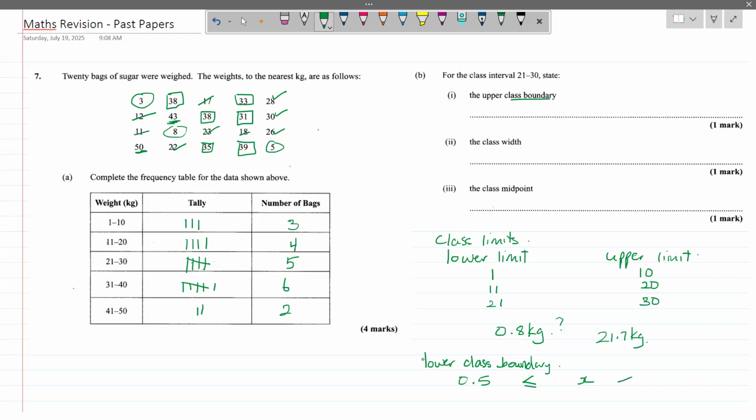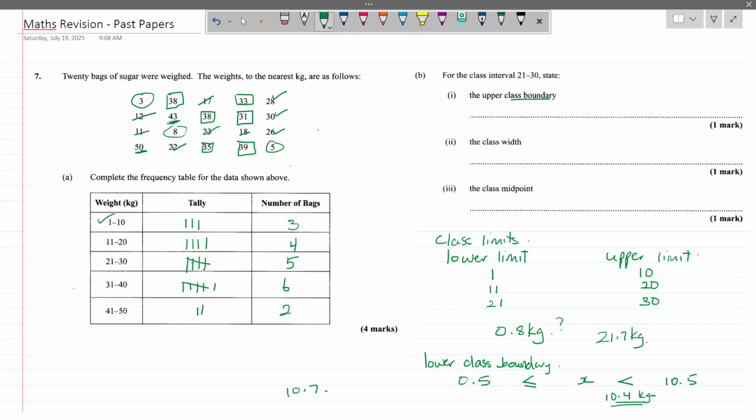And anything less than 10.5, we just add on 0.5 to our outer limit, will also fall in this class. So if we had a bag of sugar that's 10.4 kilograms, then that will go in our first class.